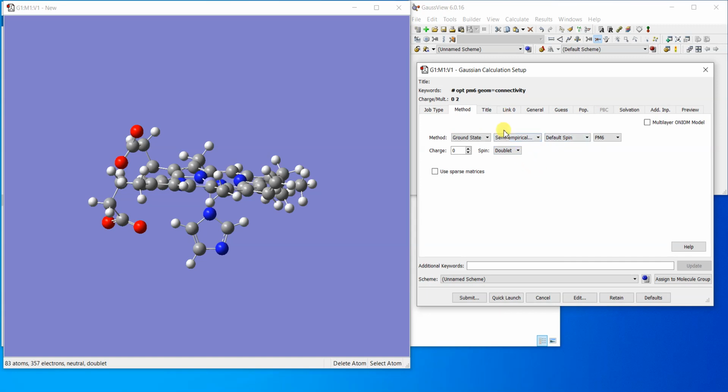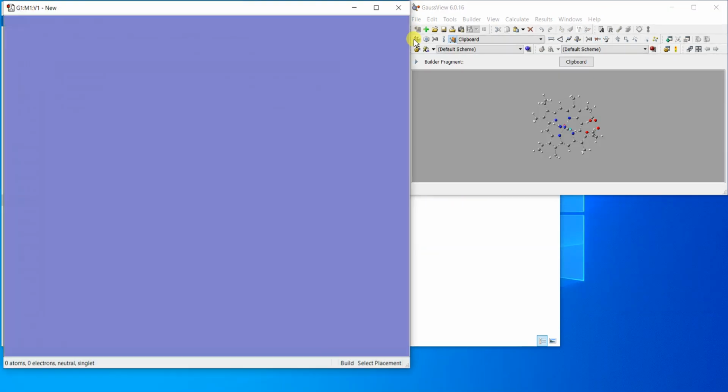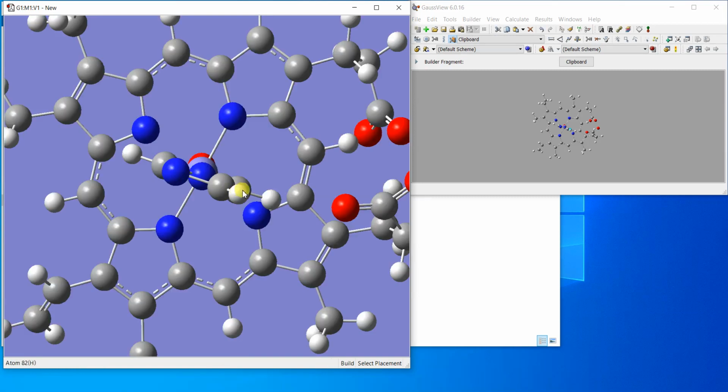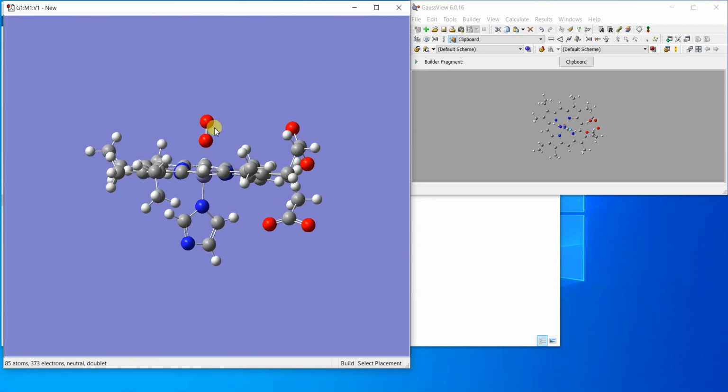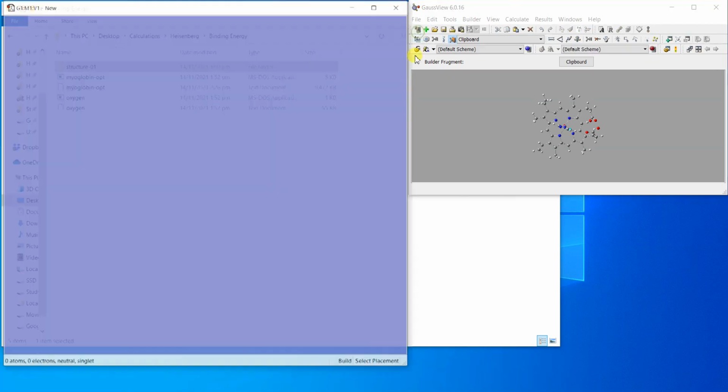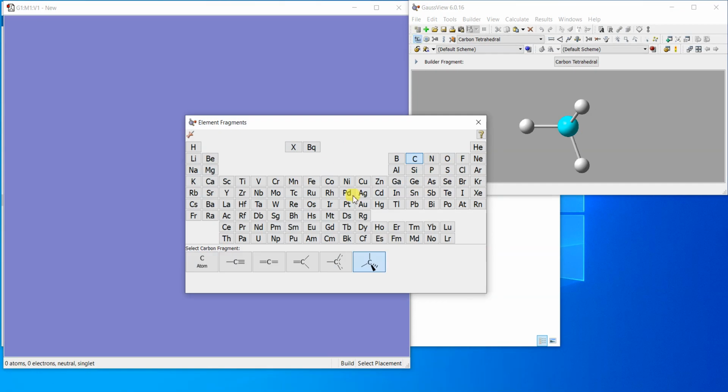I'll edit and save this file and run it, and then I'll also take the oxygen and optimize it. You can take the oxygen from here, or you can simply draw an oxygen molecule this way.